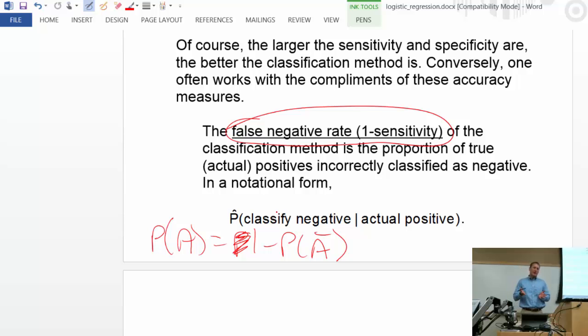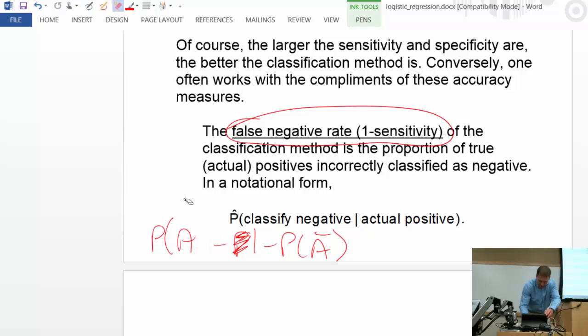Some books or courses will put a superscript C there to mean complement. Some will put an apostrophe right next to A. I just put a bar there. Those are the three different ways that people mean the opposite of A, the complement of A. So the probability of A is equal to 1 minus the probability of A complement.